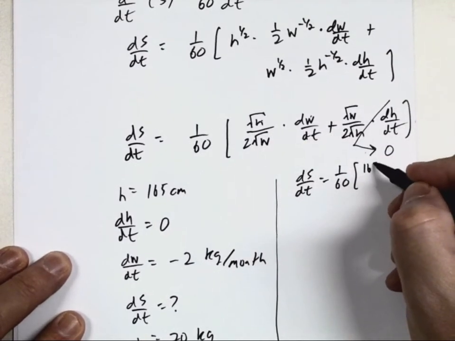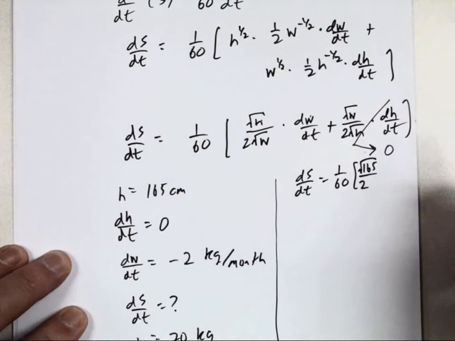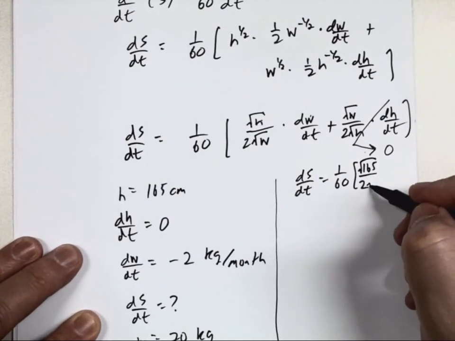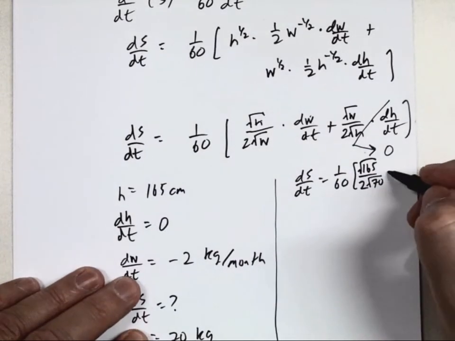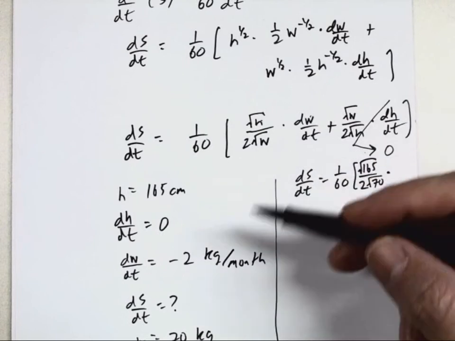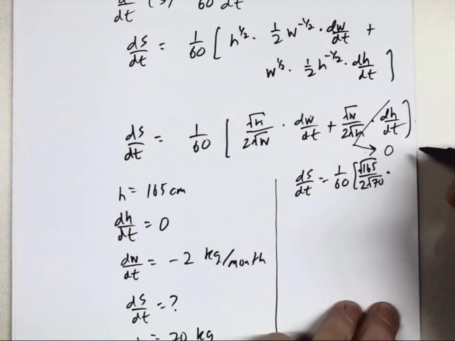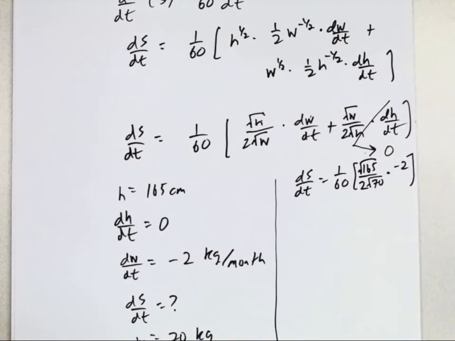H is 165 square root over 2 square root of 70 times dw dt. In other words, how is her weight changing? Well, it says it's dropping by 2 kilograms per month. So it's -2.